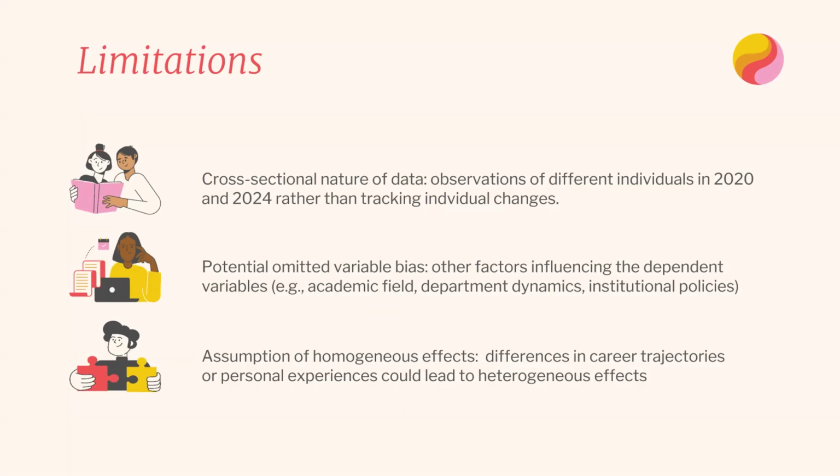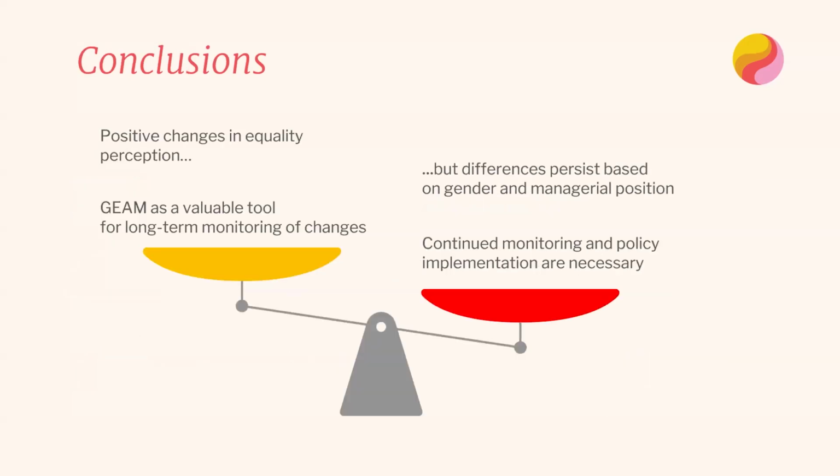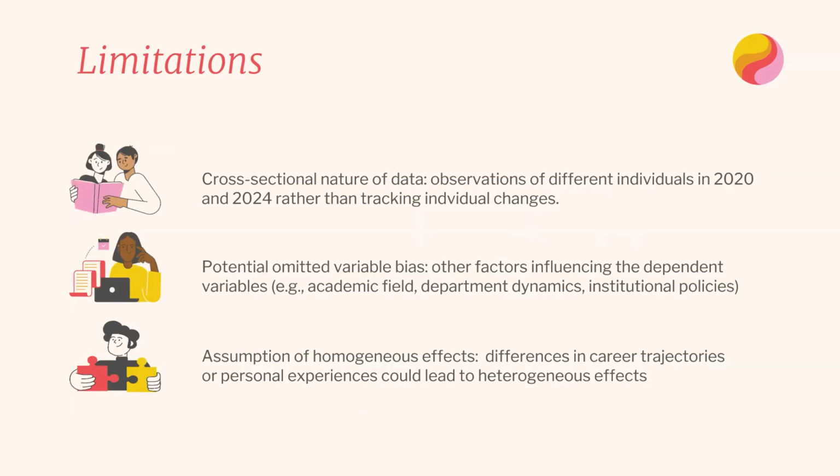And in our chapter, we propose some solutions to address these limitations, like using synthetic cohorts or conducting longitudinal studies that allow us to track the same respondents over time, including more contextual variables, and performing some group analysis. So I encourage you to read this in the chapter.